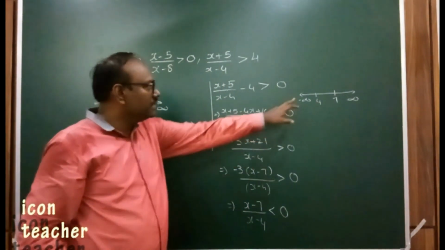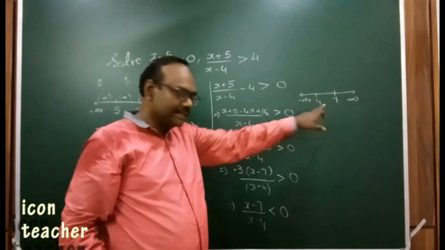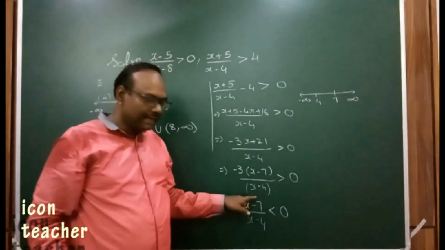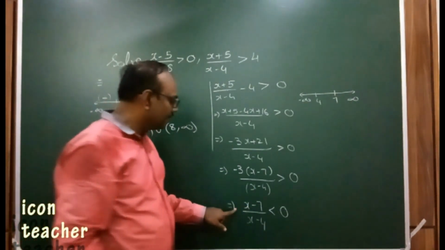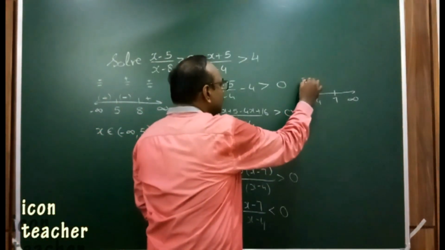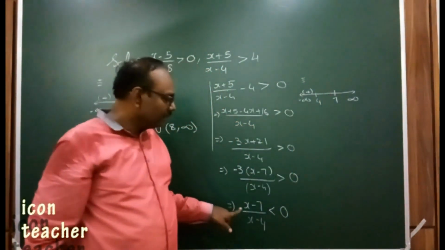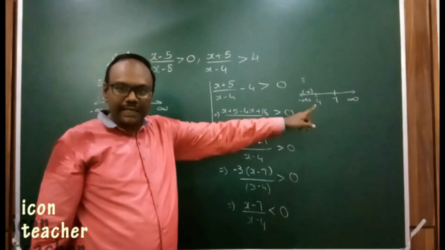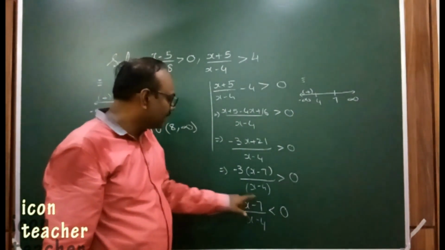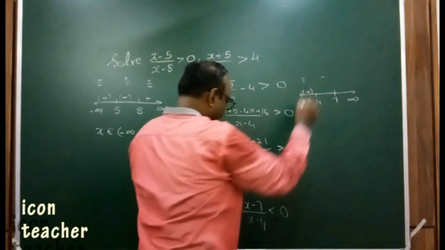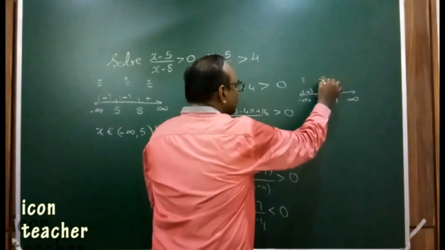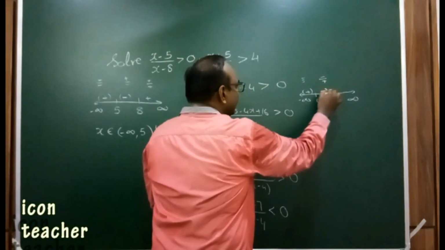Choose a value between minus infinity and 4, say 0. 0 minus 7 is negative, 0 minus 4 is also negative, so negative by negative will be positive. Choose a value between 4 and 7, say 5. 5 minus 7 is negative and 5 minus 4 is positive, so negative by positive is negative.